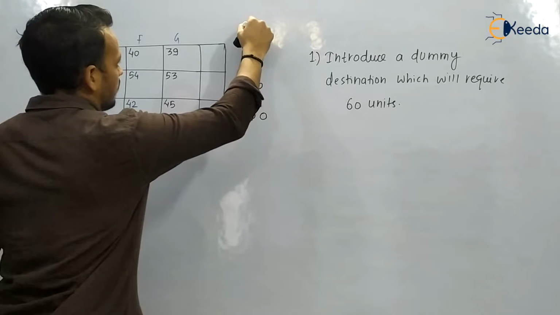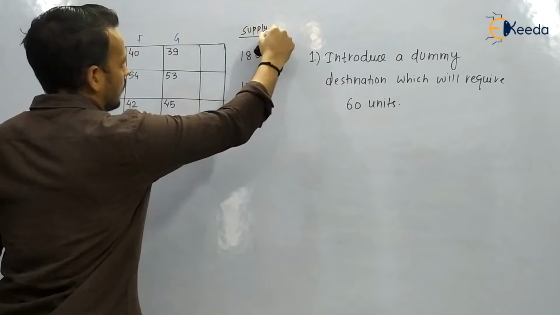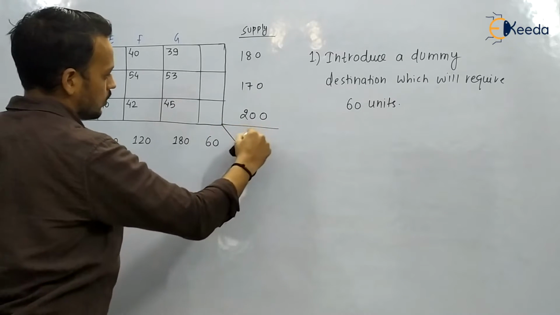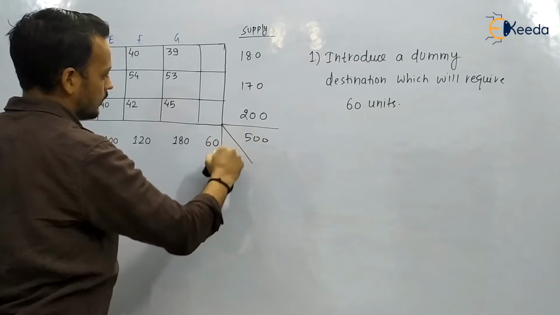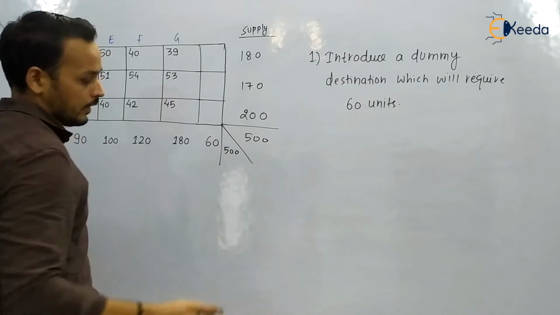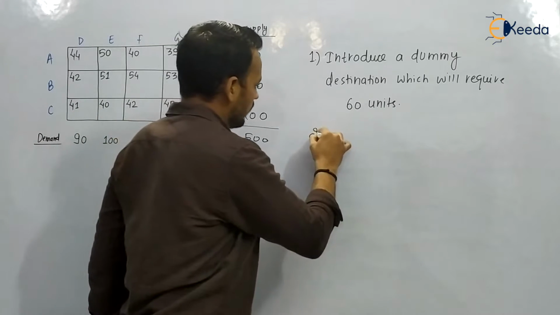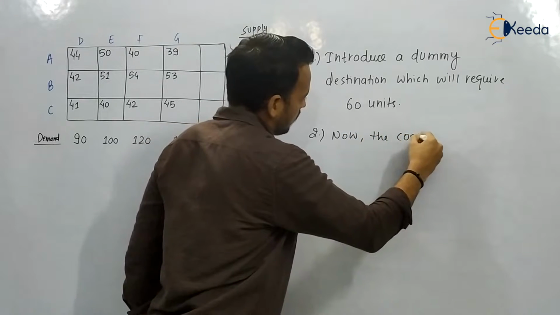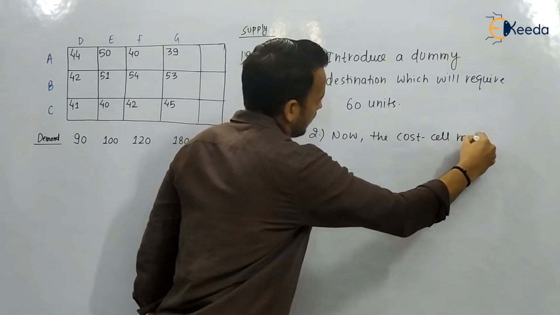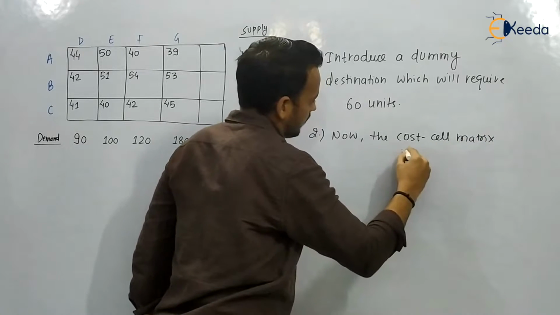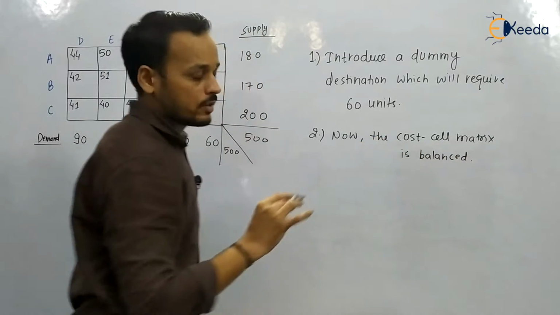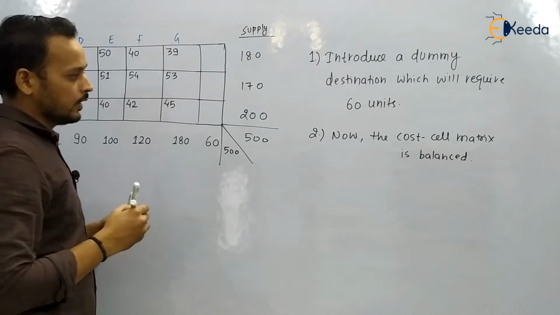This is our supply. Now the problem will be balanced. This is also 500 and this is also 500. Now the second step: the cost cell matrix is balanced, 500 and 500.